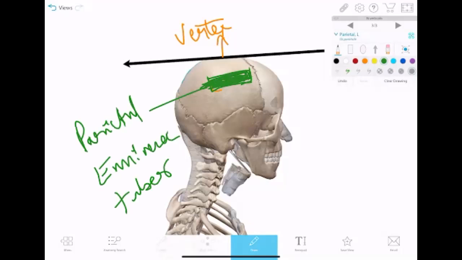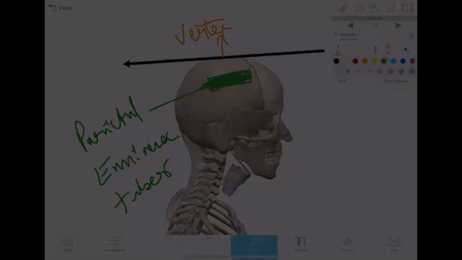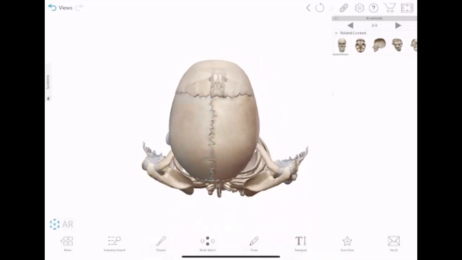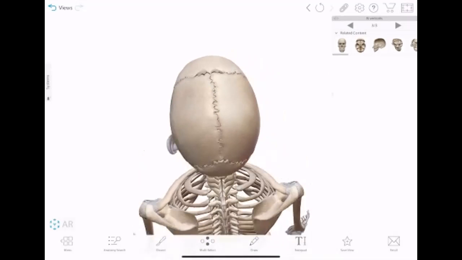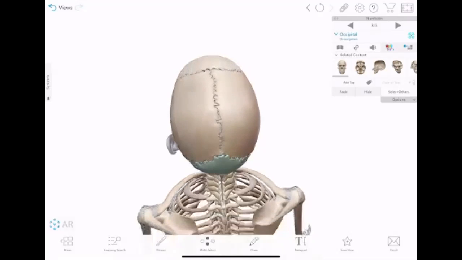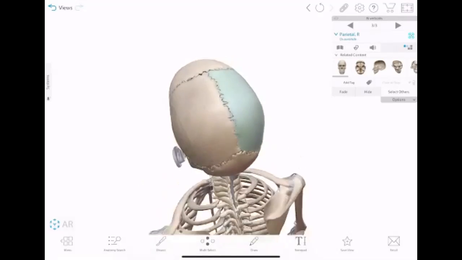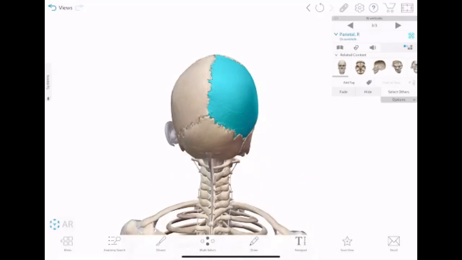So that is norma verticalis, the view from the superior aspect, which has the frontal bone, paired parietal bones, occipital bone, and the coronal suture, sagittal suture, lambdoid suture, bregma, obelion, lambda, parietal eminence, parietal foramen, vertex, right?